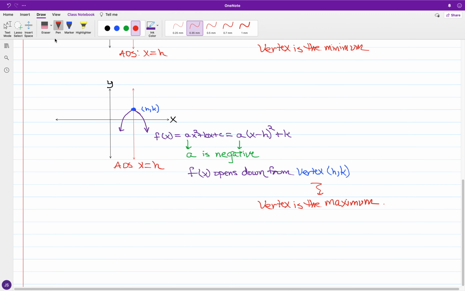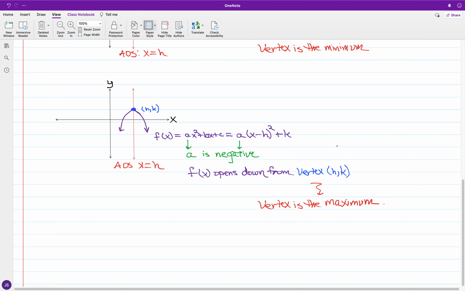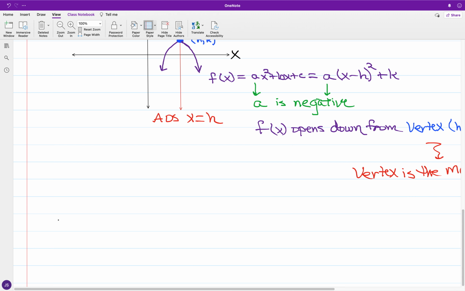Now, let's look at a numerical application. Let's say we have a function that is provided in vertex form, and let's say we're given f of x equal to the square of x minus 2, followed by the addition of 5.